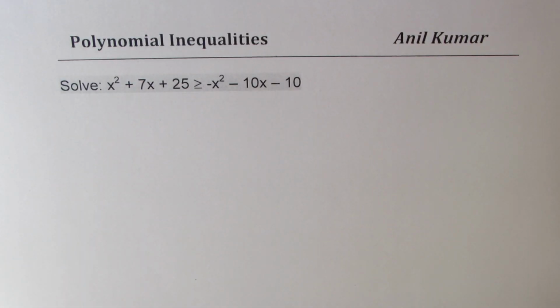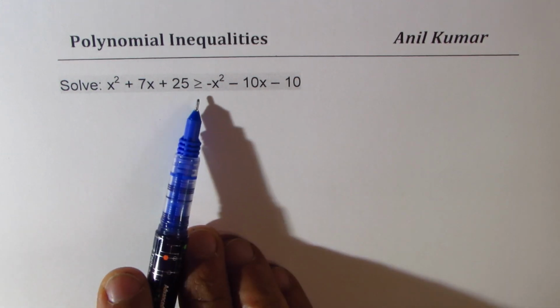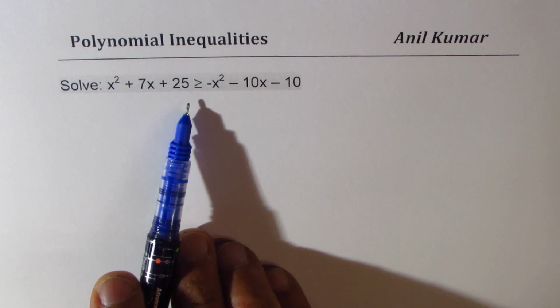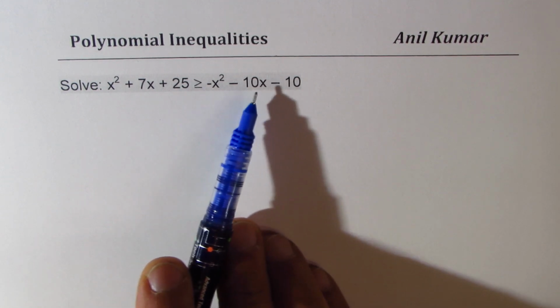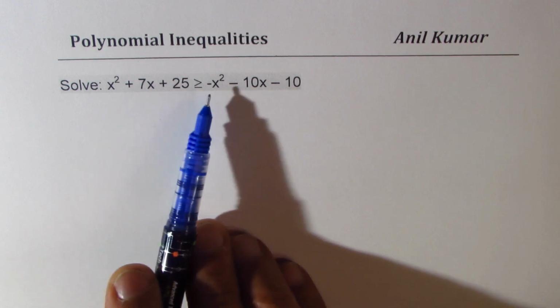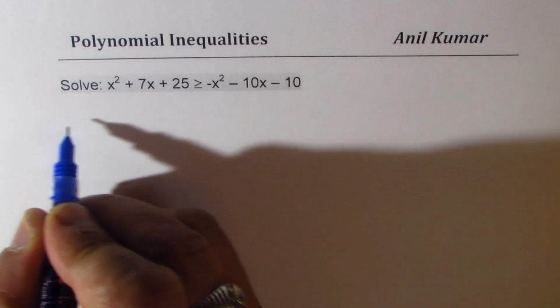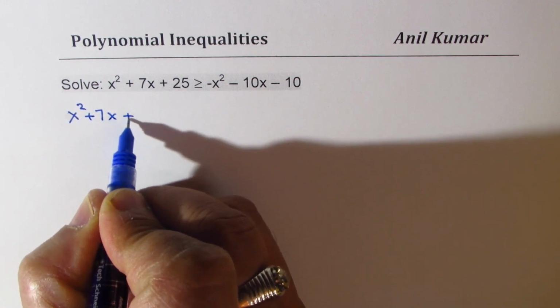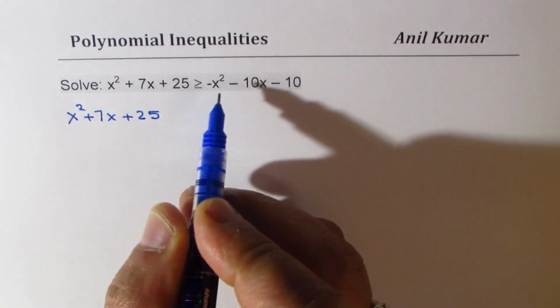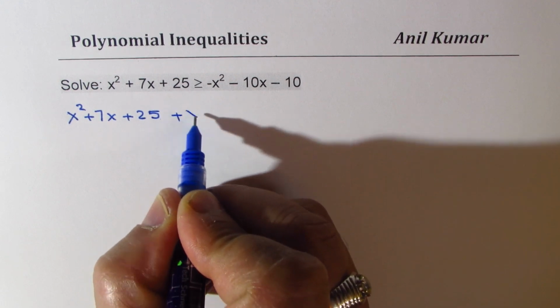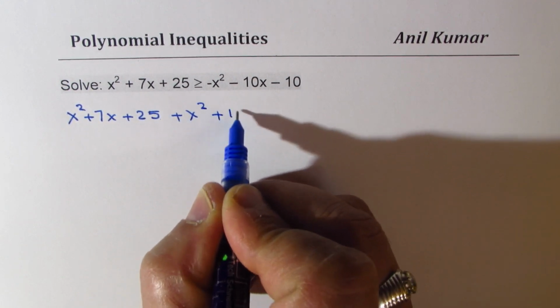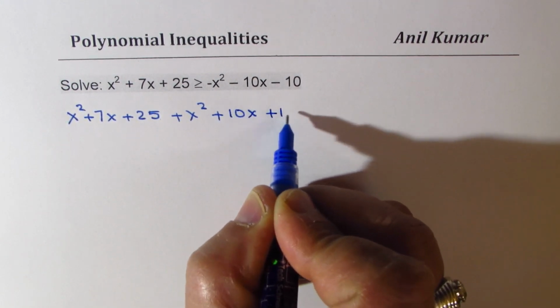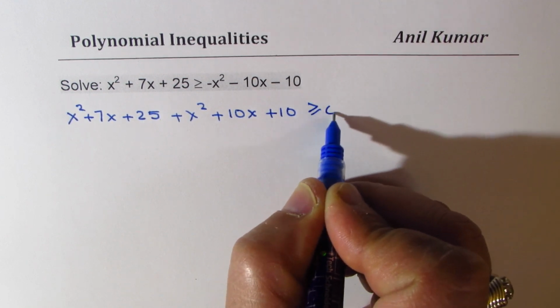The very first one is an inequality which involves two quadratic functions on either side of greater than or equal to. The idea here is to bring them to one side. That is the first step. So let's do that. So we have x squared plus 7x plus 25, bringing these terms here gives us plus x squared plus 10x plus 10 greater than or equal to 0.